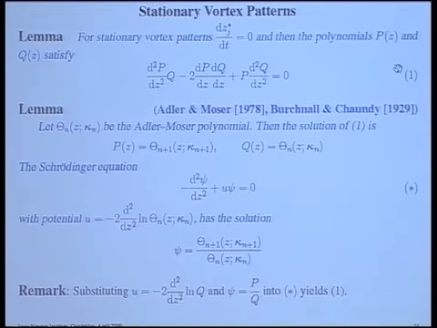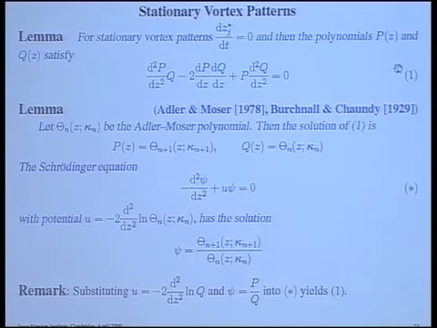Now, one thing to note is also that if you take the Schrödinger equation with the potential that is twice the second logarithmic derivative of the Adler-Moser polynomial theta n, then the solution is just a ratio of these two polynomials.